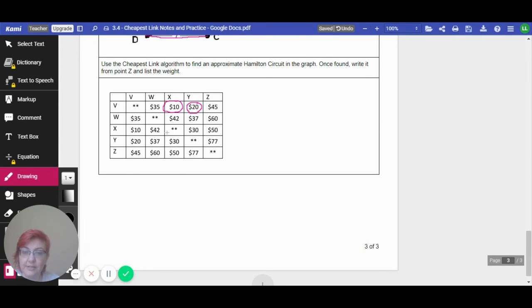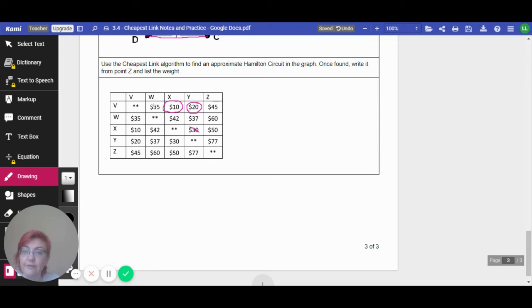These are all duplicates. Okay, next, 30 connects X to Y. I can't use that. X to V, V to Y, and Y to X would be closing a partial circuit, so I cannot use 30.